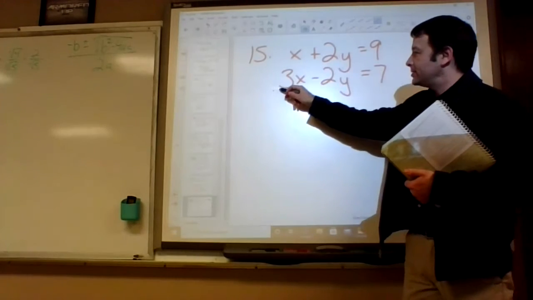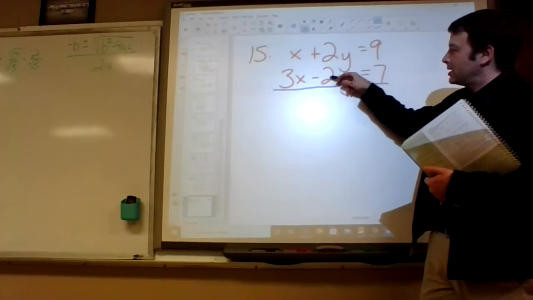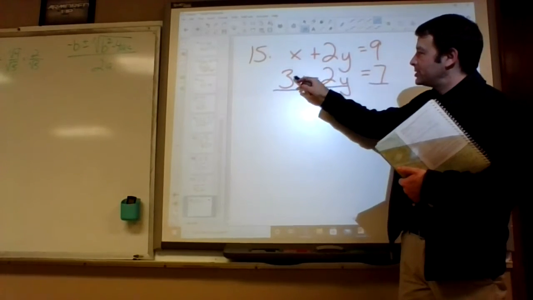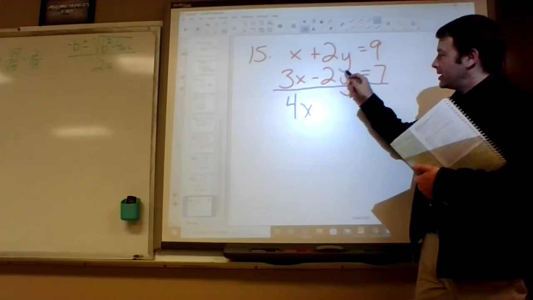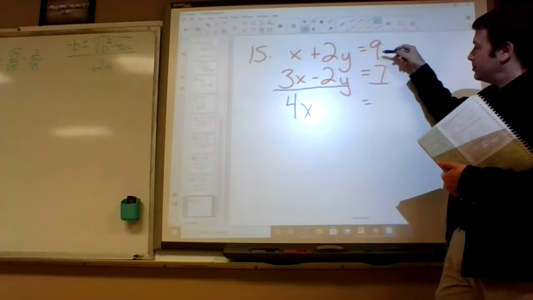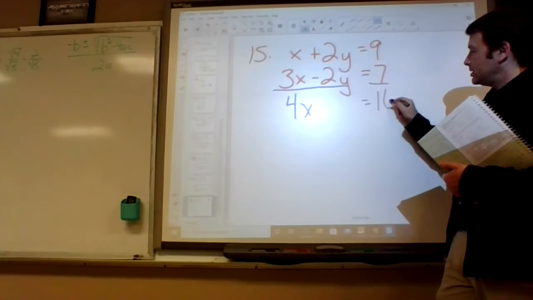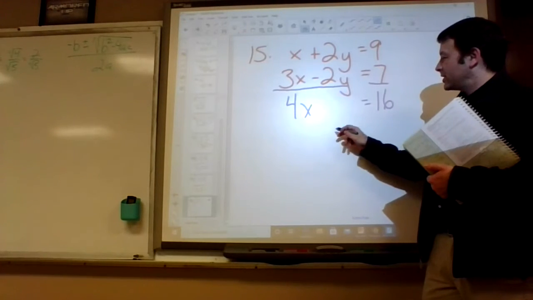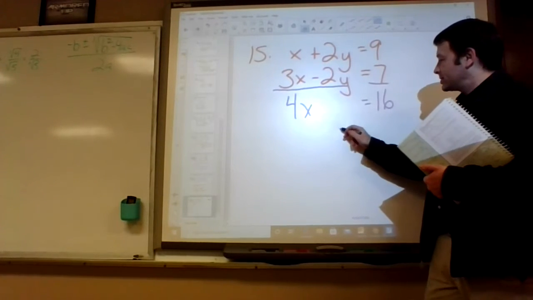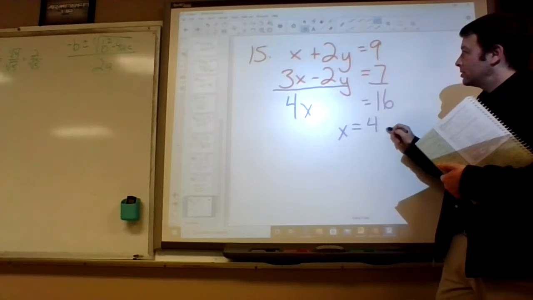So I'm just going to add the two lines together, and my y's should cancel out. So 1x plus 3x is 4x. 2y plus that's gone, right? That's just nothing. And then 9 plus 7, 16. So 4x equals 16, divided by 4, x is 4.